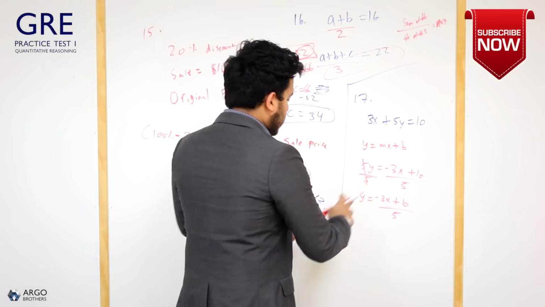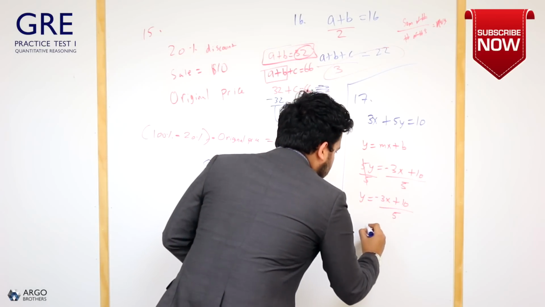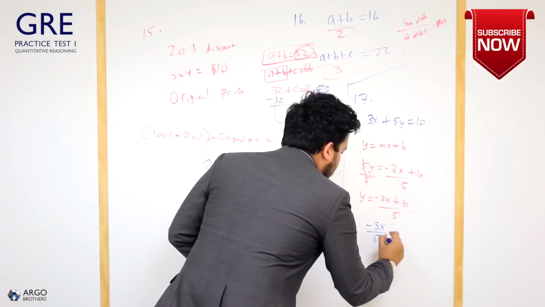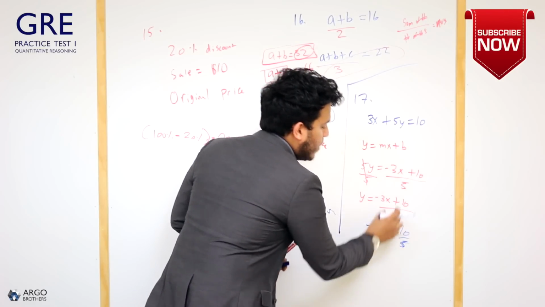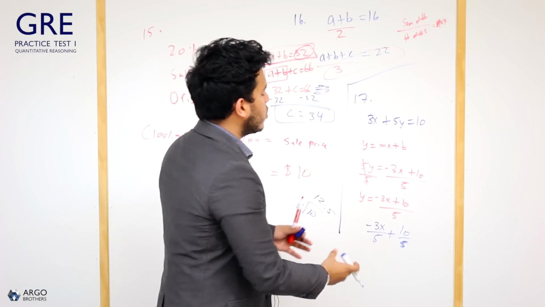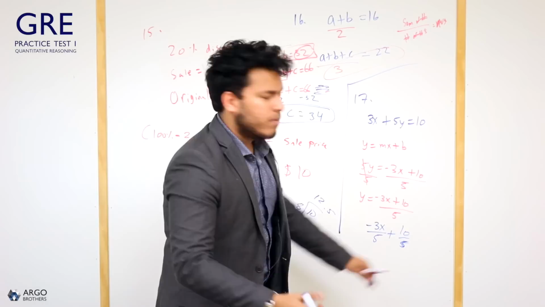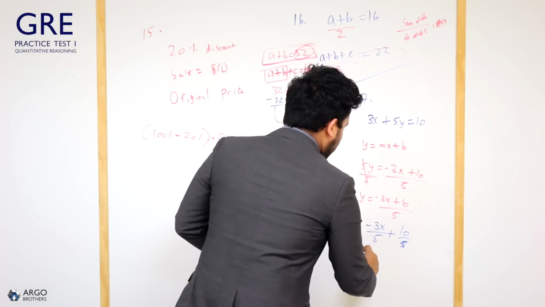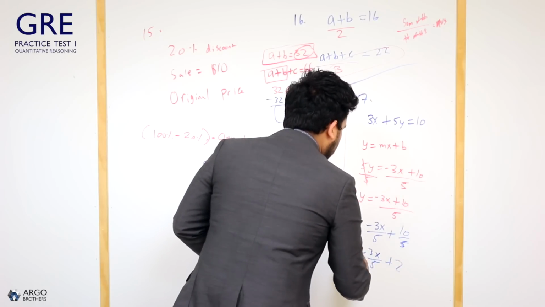Let's make it simpler. This is the same thing as negative 3x over 5 plus 10 over 5. I can separate these two because I'm adding, so they're actually two different terms. Well, 10 divided by 5 is simply 2. So this becomes negative 3x over 5 plus 2.